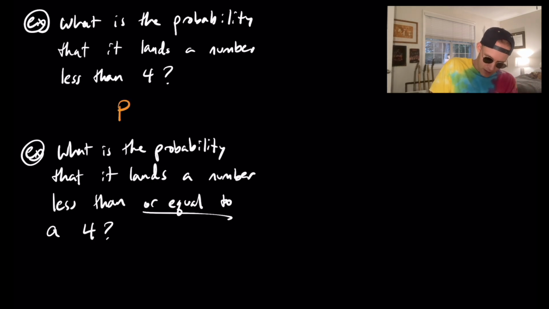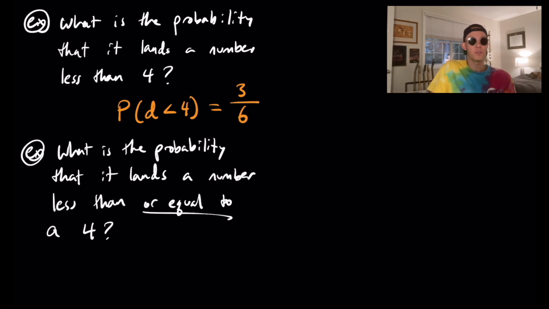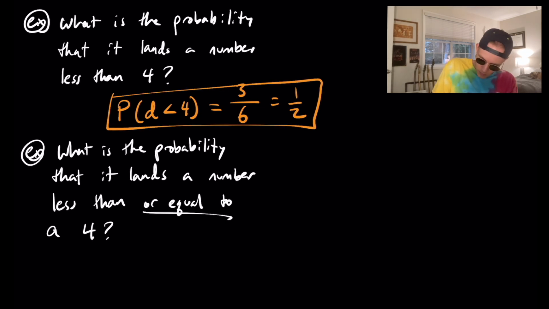So we'll say probability that the die, we'll call it D, is less than 4. Again, you can get a 1, 2, or 3. Those are less than 4. So there's 3 favorable outcomes out of 6 total outcomes, because you could roll a 1, 2, 3, 4, 5, or 6. So 3 out of 6, or 1/2. Or again, that's just 50%.